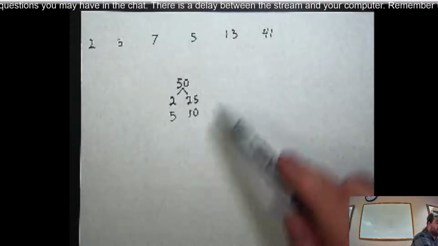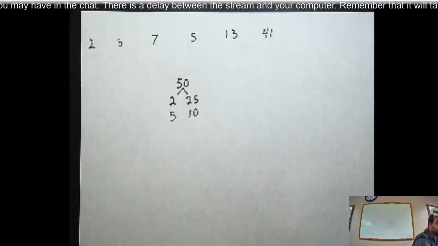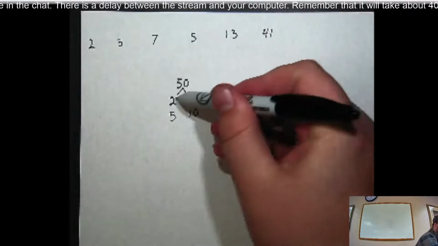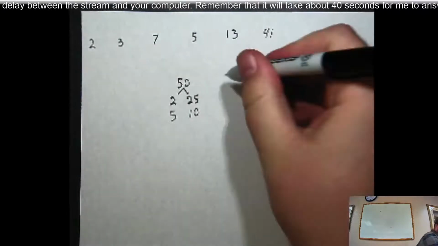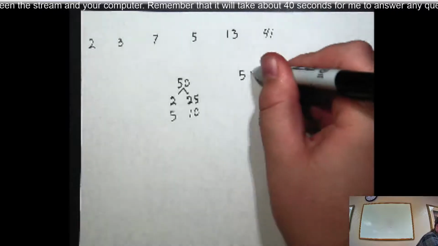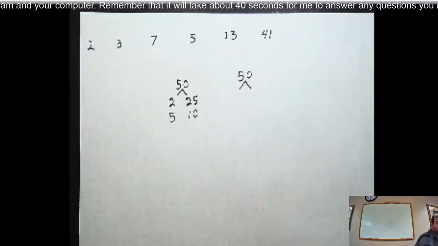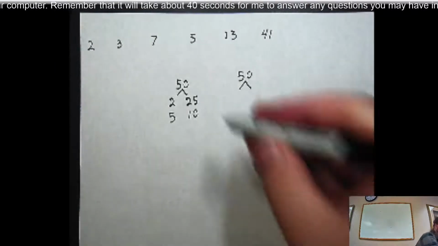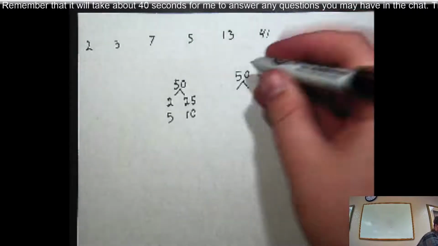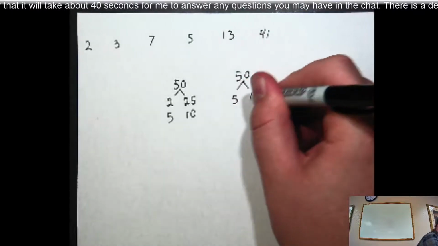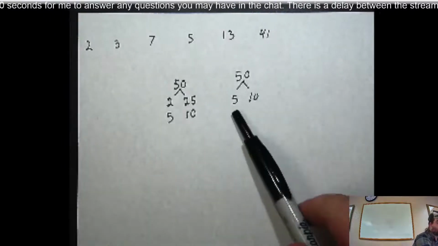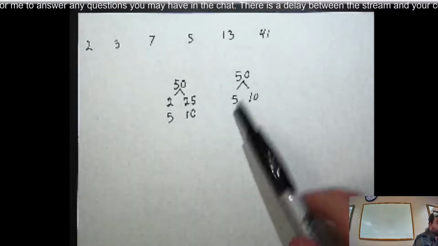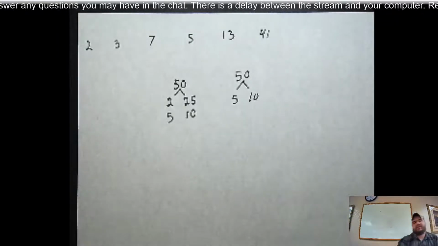Now, if we look in these factors, we have some primes. 2 is a prime number, 5 is a prime number. In fact, 50 can be broken down into what we call its prime factors. Again, if we break it down into, let's say, 5 and 10. So 5 is a prime number. It can't be broken down any farther, but 10 is not prime.